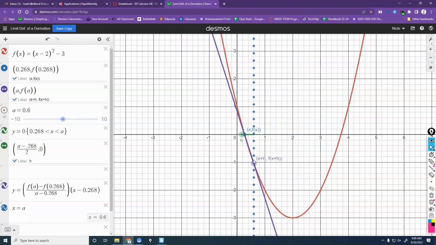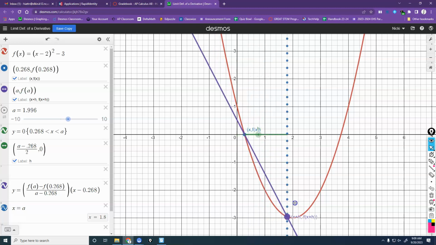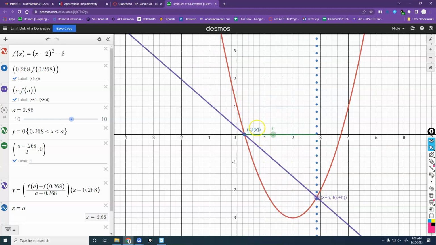It gets smaller and smaller. What does it approach? What does the length of h approach? It approaches 0, right? It's getting shorter and shorter until it would be, if I could get all the way to that point, the dot's moving, but that green line is shorter and shorter. It's getting closer and closer to 0. Okay, so it's the same idea, but I have labeled these differently.